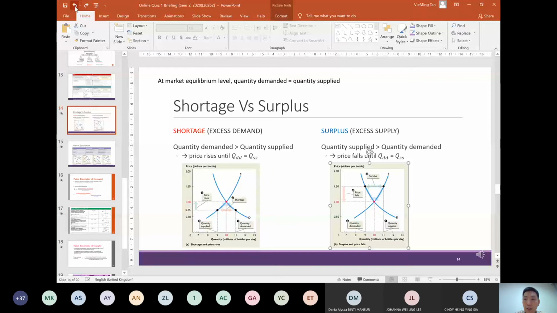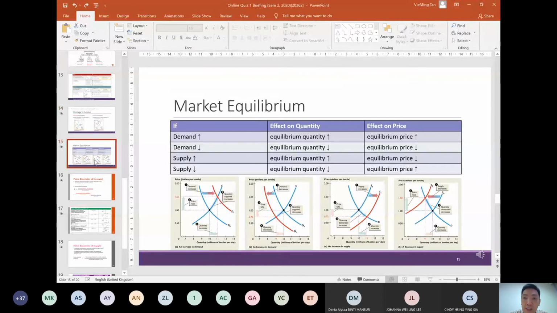And then market equilibrium. There are 4 different scenarios. Assume the first scenario is when demand increases.